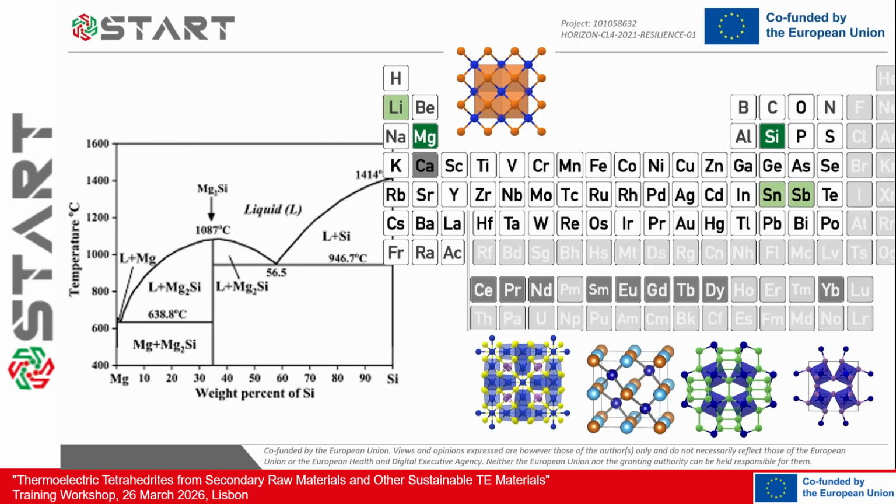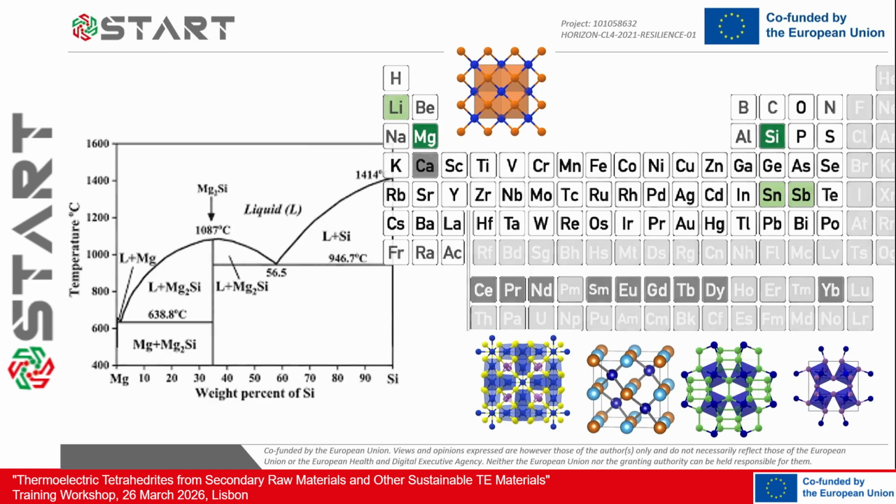Of course, you may want to dope it with other elements, but let's say the approach from a melting point is facilitated. Because at the end, you always have to start from the elements, trying to put them together and form the specific phases that are required to deliver the thermoelectric properties.